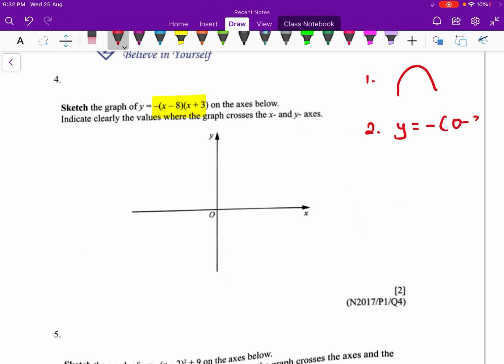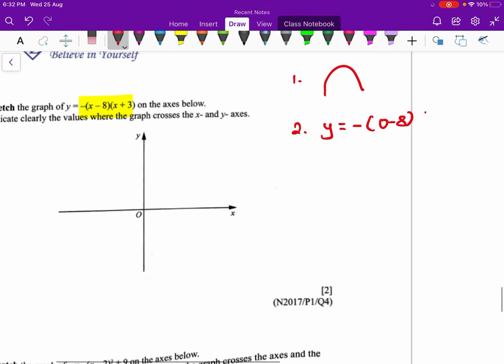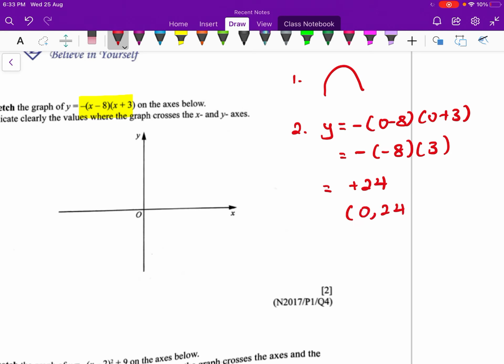So negative (0 minus 8), bracket, then (0 plus 3) bracket. So you see it's negative 8 bracket, then positive 3 bracket. So it's positive 24. So the y-intercept is (0, 24).